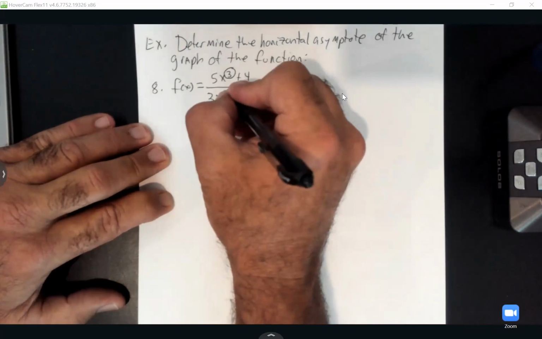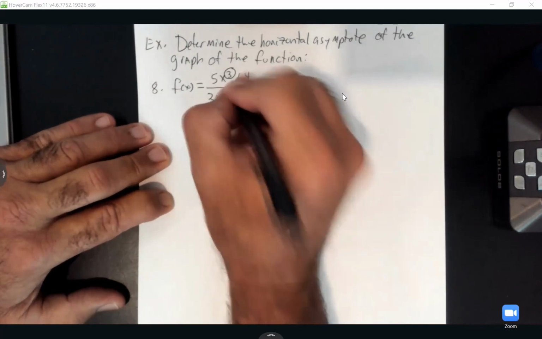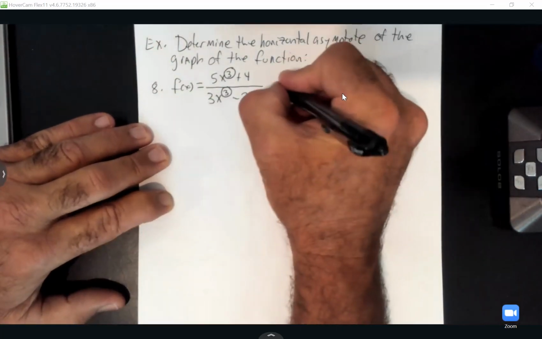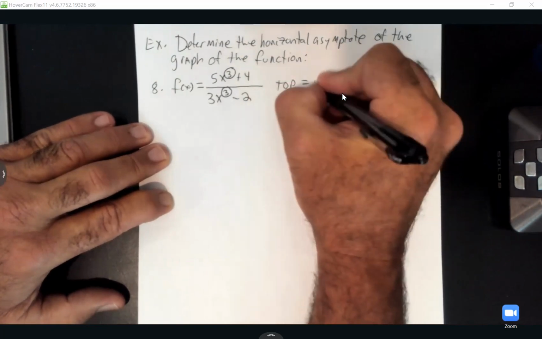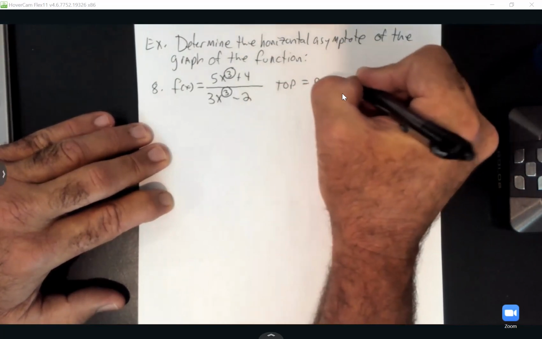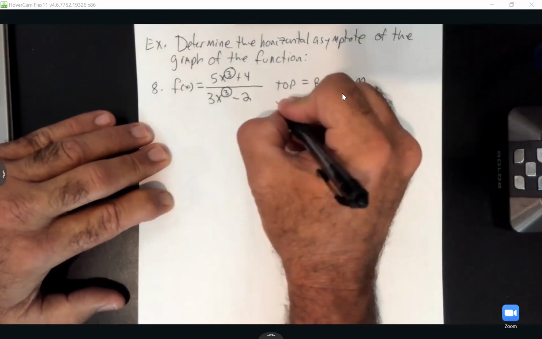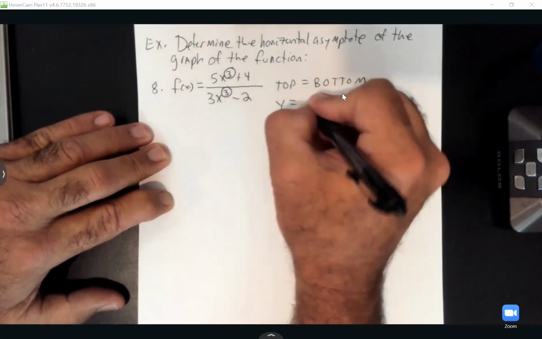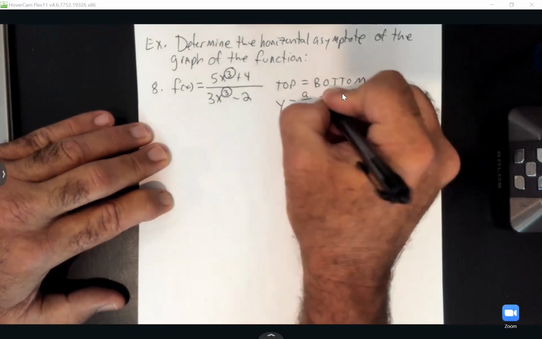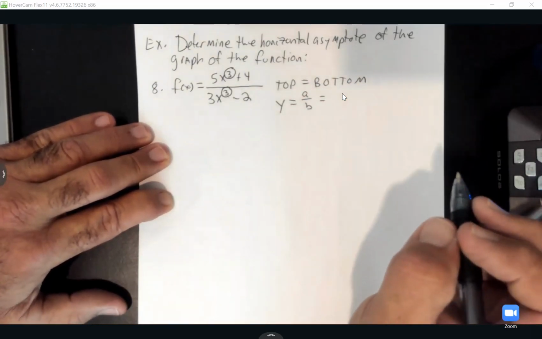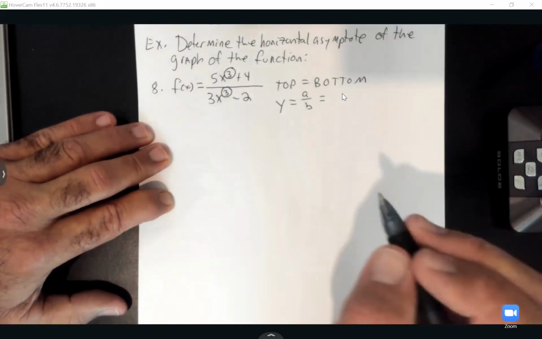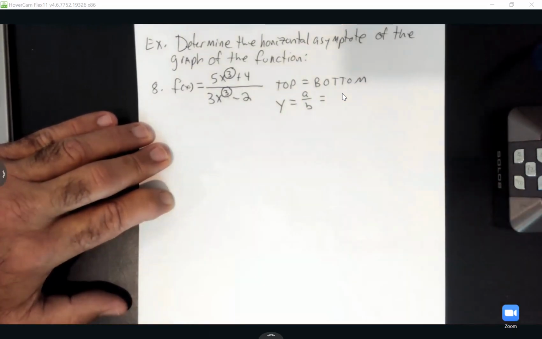The degree of the bottom is the highest exponent on bottom, which is a 3. So for this one, the top equals the bottom. So since they were equal, my horizontal asymptote will be A over B. So y'all, I need to figure out what is A and what is B. What y'all think?